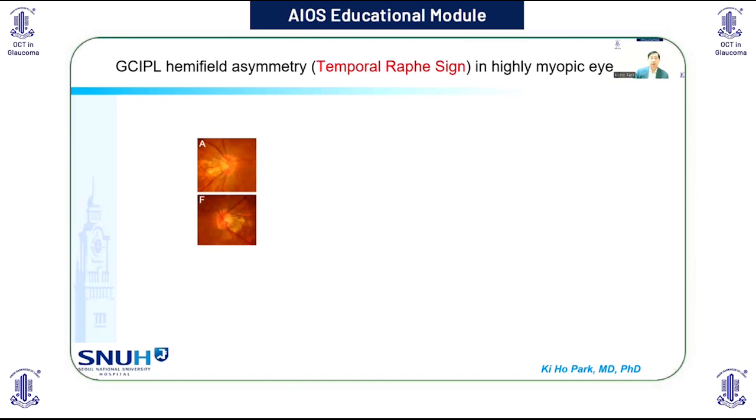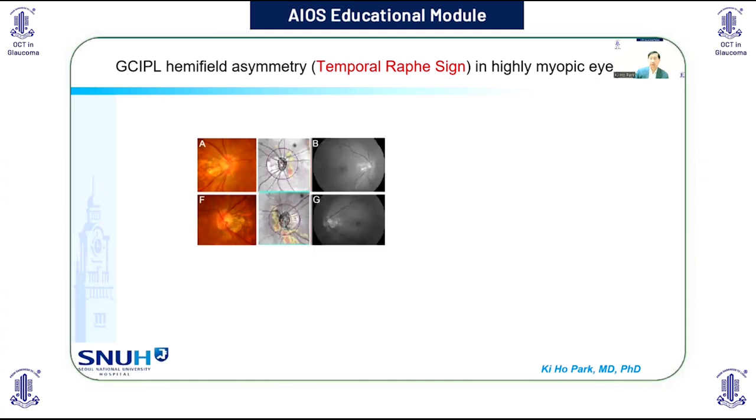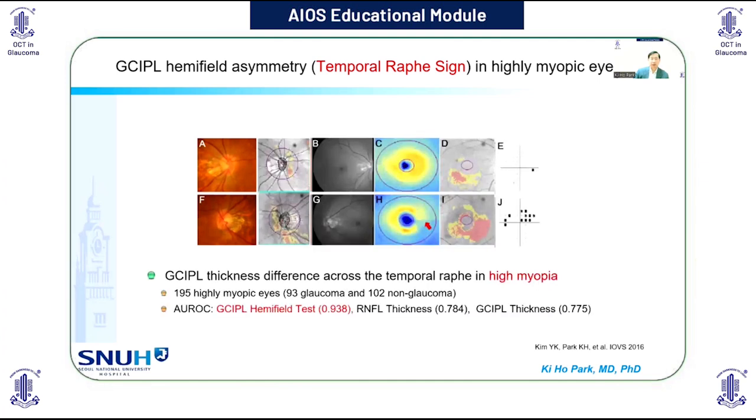So the GCIPL hemifield asymmetry and temporal raphe sign in highly myopic eyes was investigated, and we found that the GCIPL thickness difference across the horizontal raphe in high myopia is useful, and it has high AUROC values, as you can see here, compared to the RNFL thickness and GCIPL thickness. So the temporal raphe sign is useful in highly myopic eyes.